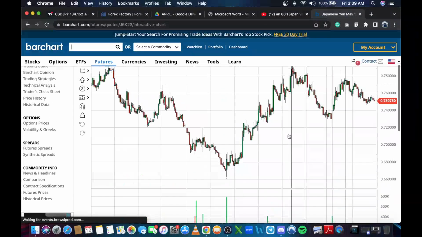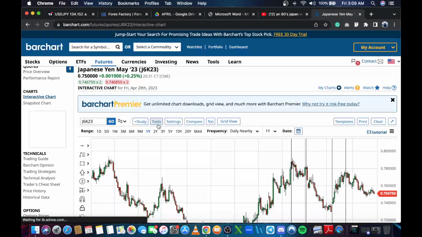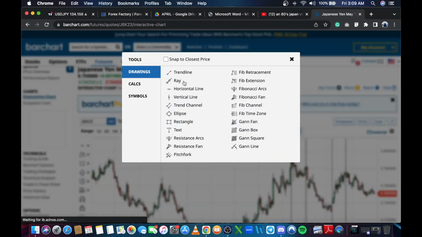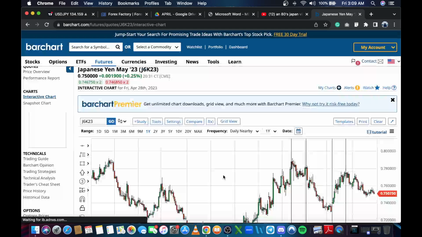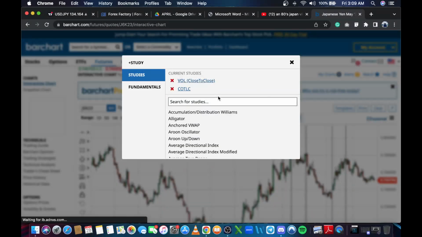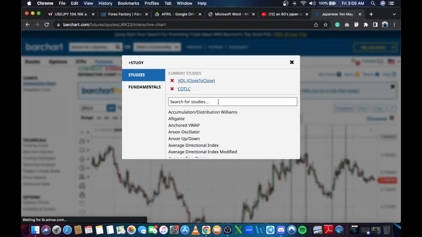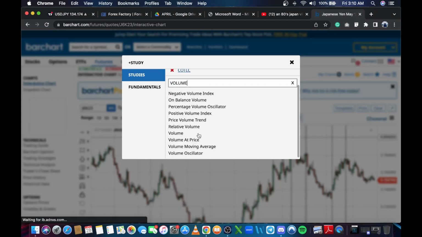And this is our chart on yen. Here you can look at the tools, trend lines, horizontal lines, and everything. Here you can add your indicators, and for my open interest, I have the volume indicator. So you go into your search for studies, type in volume, and you just click on volume.